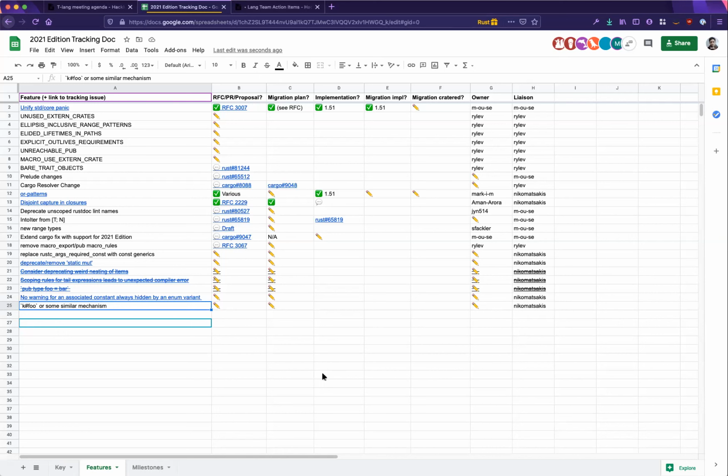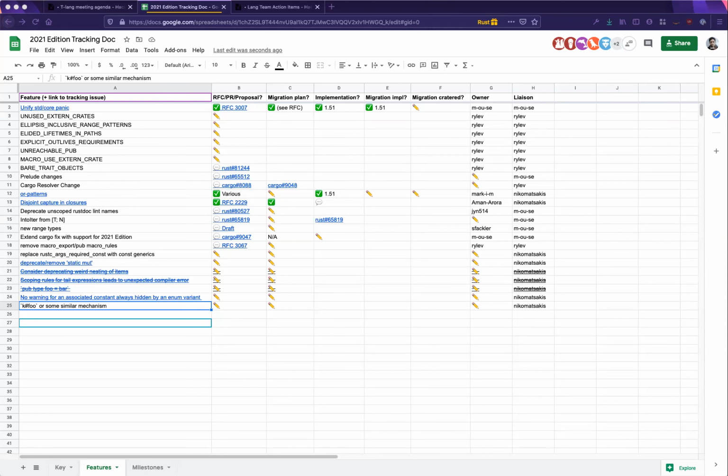Scott or Josh, maybe you remember the details. Right now the tokenizer considers that one token. No, three tokens, and we'd want it to be one token. Right. So using k hash for this would not be backward compatible. If we found something that already parses as one token in a previous edition, then we can be backward compatible all the way back.